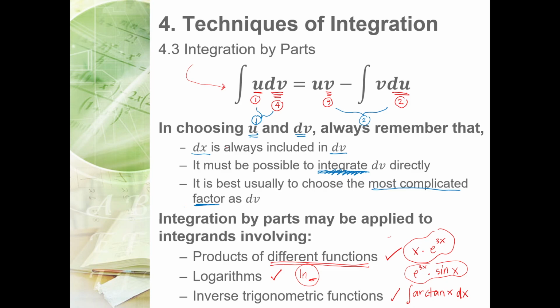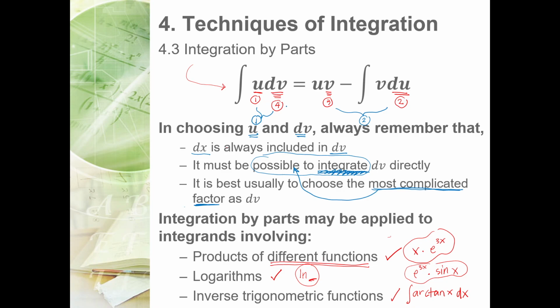Even though it's the most complicated factor, it should be possible to integrate. So again, you have to choose the most complicated term as your dv because we need to integrate it. You should be able to integrate the difficult term. Of course, the u parameter would be the remaining term inside the equation.